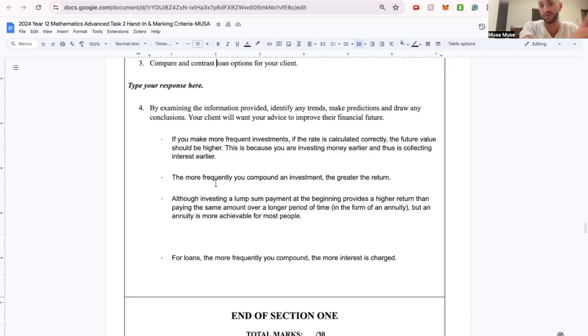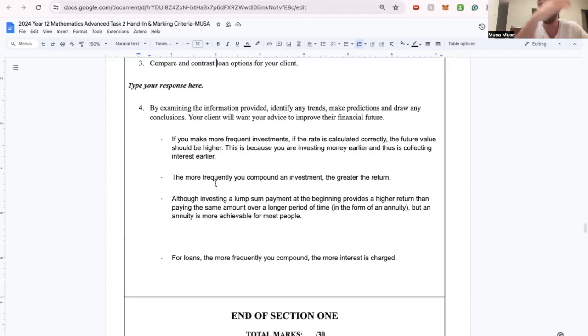This is from an investment perspective. The more frequently you compound an investment, the greater the return. Although investing a lump sum at the beginning provides a higher return than paying the same amount over a long period of time, an annuity is much more achievable in terms of an investment schedule. No one has $80,000 to just put into an account today.